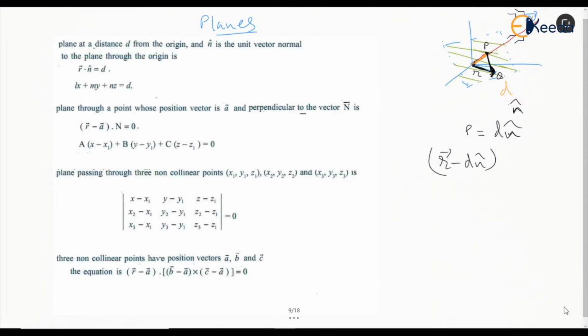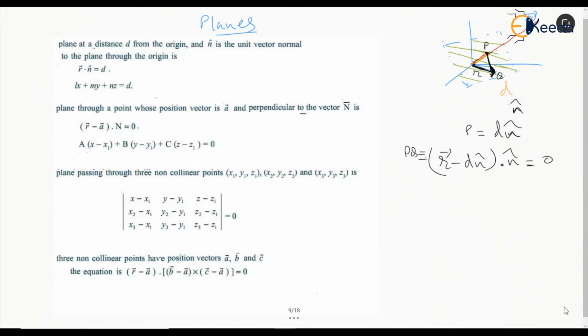So this is PQ. Now if this line lies on the plane, and we know this normal line is perpendicular to the plane, then the dot product with the normal is going to be 0.